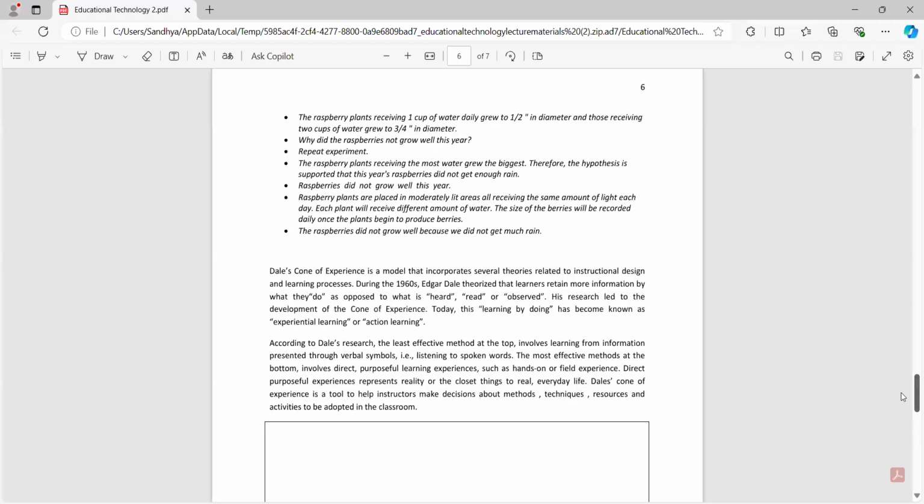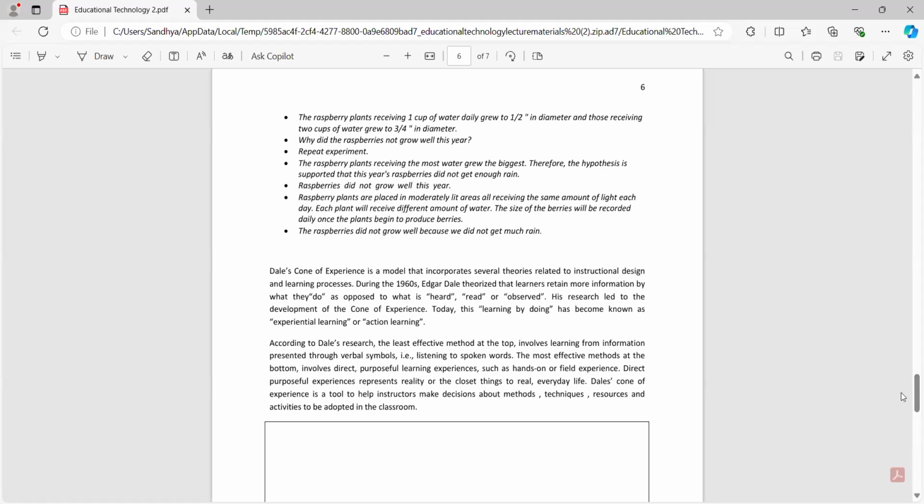The Cone of Experience is a model that incorporates several theories related to instructional design and learning processes. During the 1960s, Edgar Dale theorized that learners retain more information by what they do as opposed to what is heard, read, or observed. His research led to the development of the Cone of Experience.